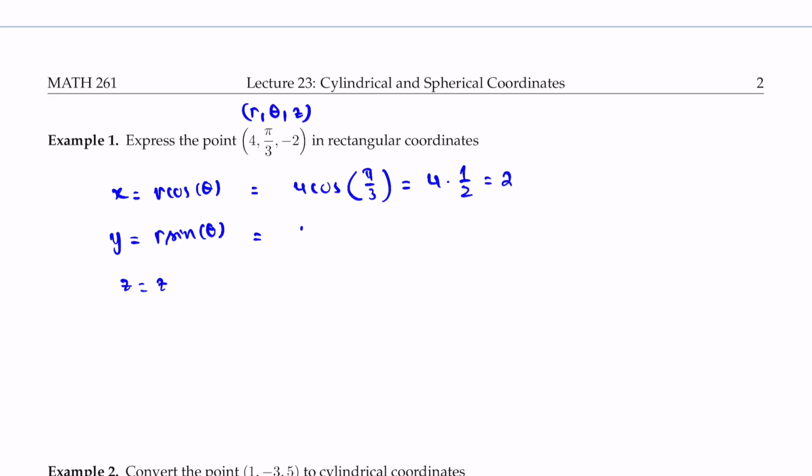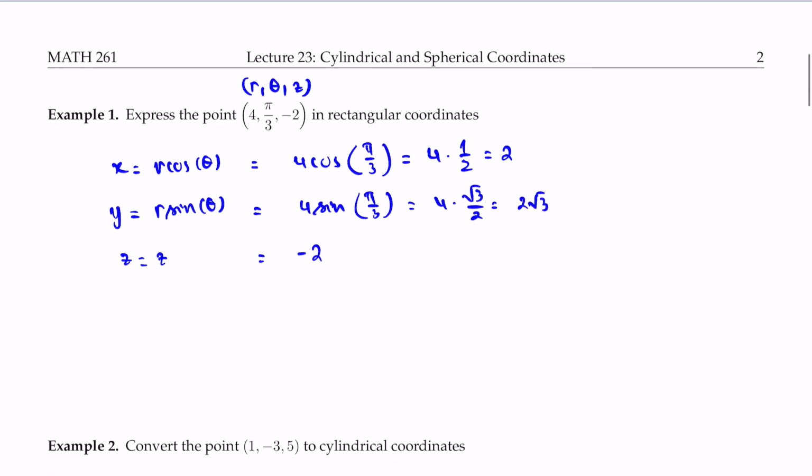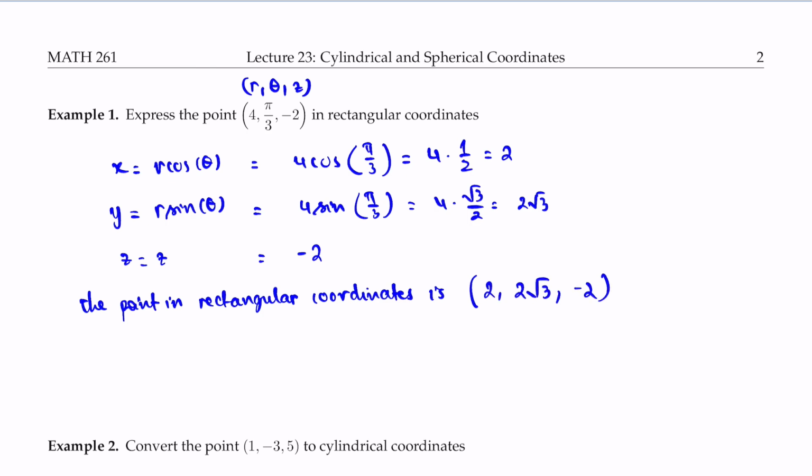And for y, this is 4 times sine of pi over 3, or 4 times square root of 3 over 2, or just 2 times square root of 3. And z is just equal to negative 2. So the point in rectangular coordinates is of the form 2, 2 square root of 3, negative 2.